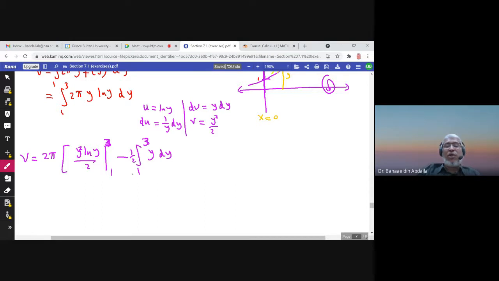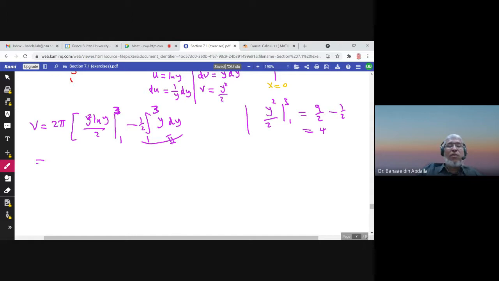So let me call this double I and evaluate here. It is y square over 2, because the integral of y is y square over 2 from 1 to 3. So actually it is 9 over 2 minus 1 over 2, 8 over 2, which is 4.